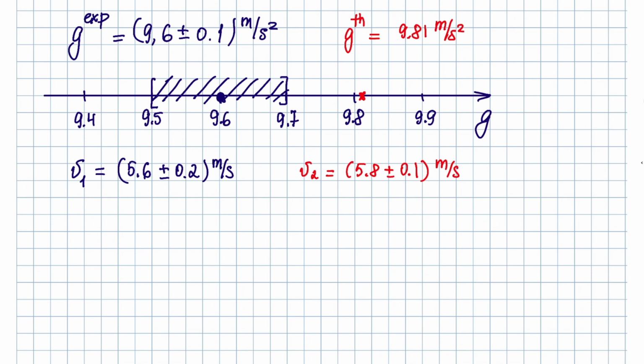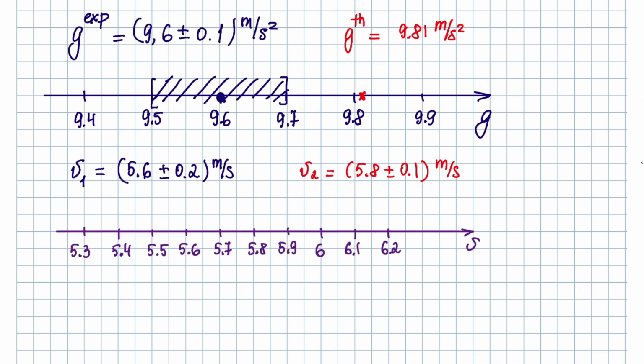Let's draw a number line again. And now we can find our experimental values on this number line. Measurement number 1 is 5.6 plus minus 0.2.